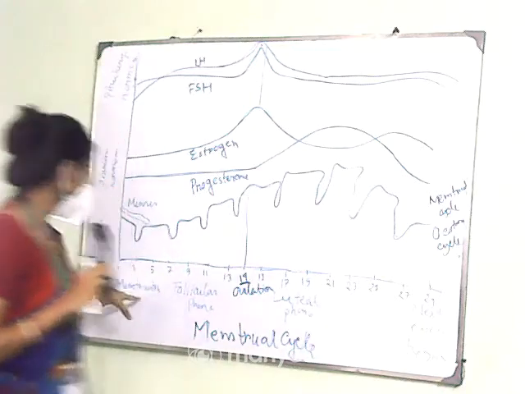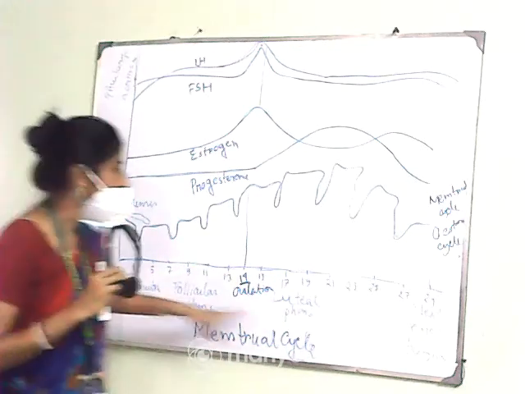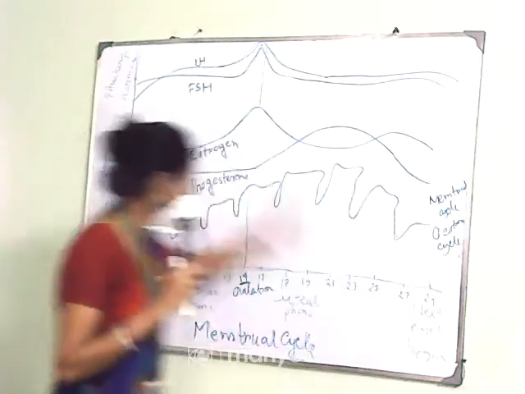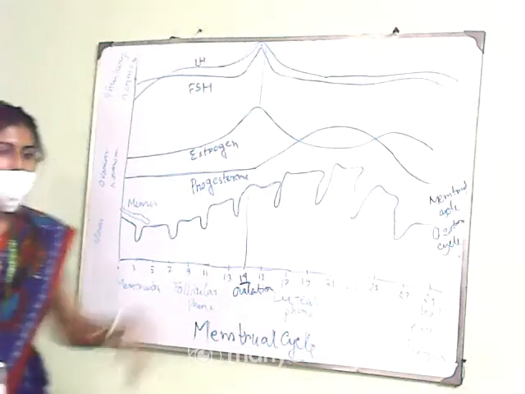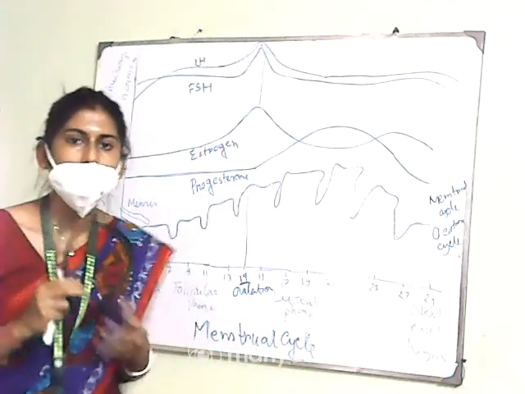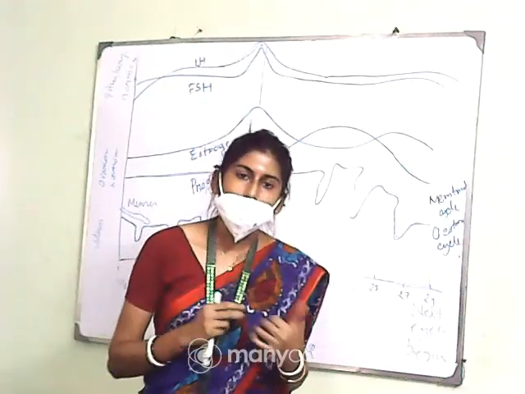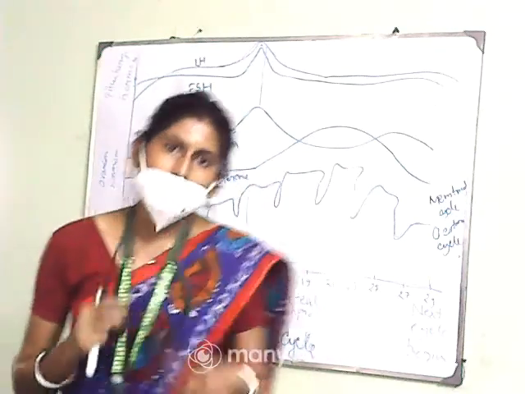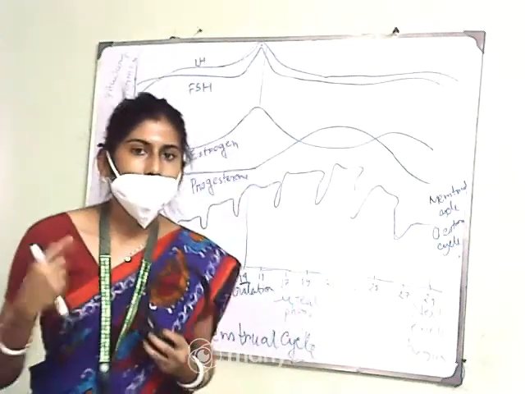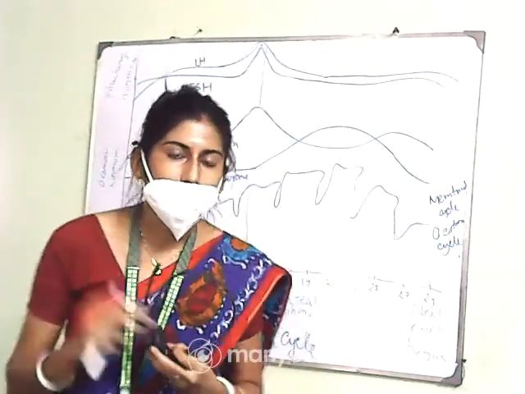That means it will start with the menstruation, and after 28 days, the next menstruation will come. Okay, so every month in the human female, this process will continue if fertilization doesn't take place. Okay, so that is why it is called a cycle. It is a cyclical process.